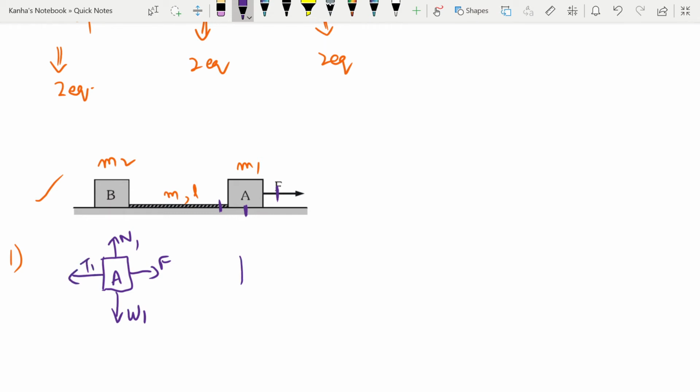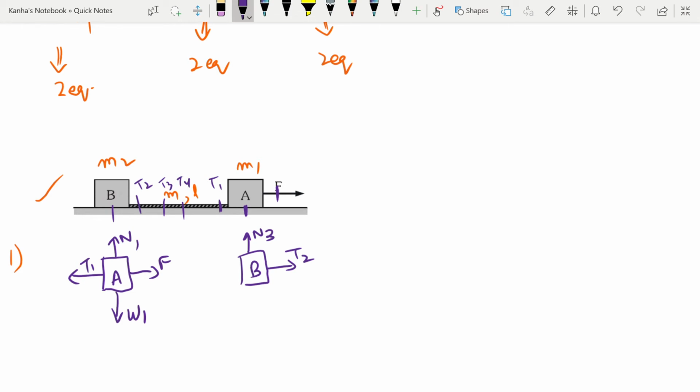Now I can make the diagram for B. Okay, my B has a contact here and here, so I have some N3, I'll call it N3. I have a tension T2. Note that this tension and this tension are not the same. Also, if I want to calculate tension here or here, all these will be different.